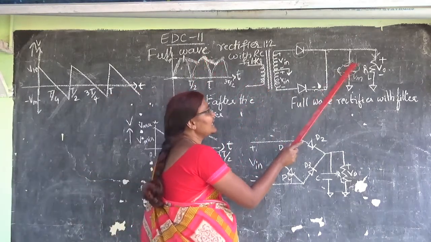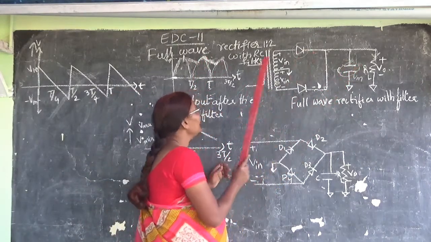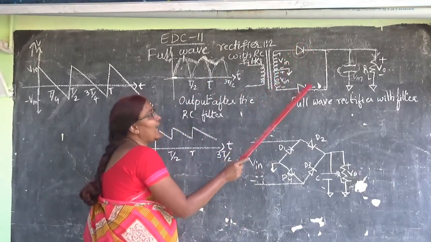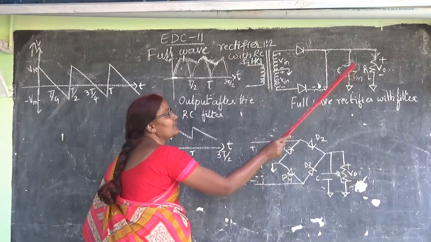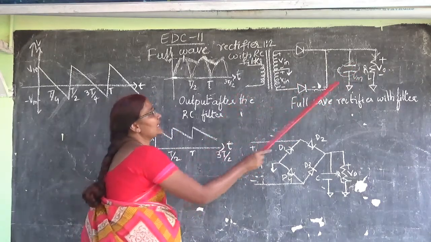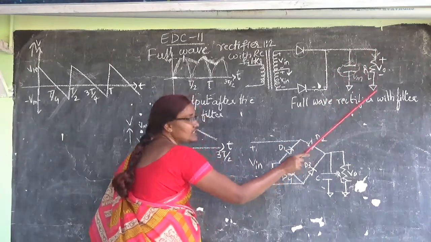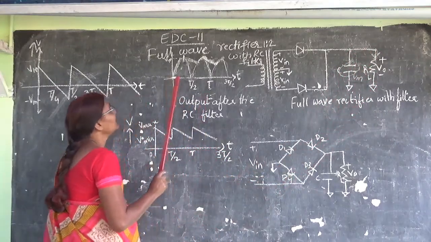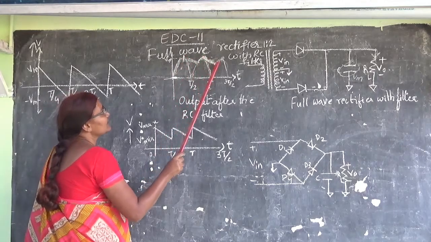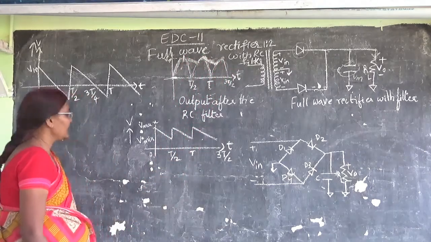After reaching the V maximum, for the negative half cycle, this diode is already reverse biased, and after reaching Vm this diode will be reverse biased. So the current has to discharge through this path. In this way my filter waveform will be this, same as in the previous case.